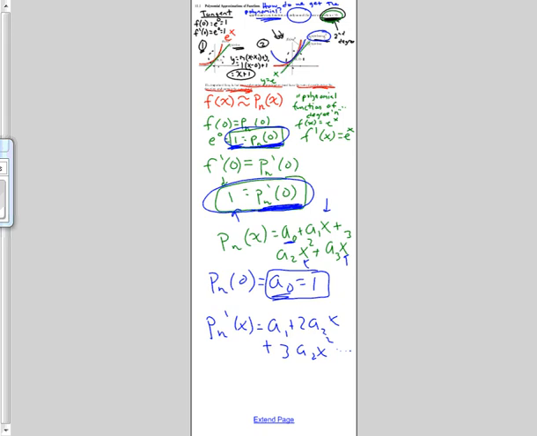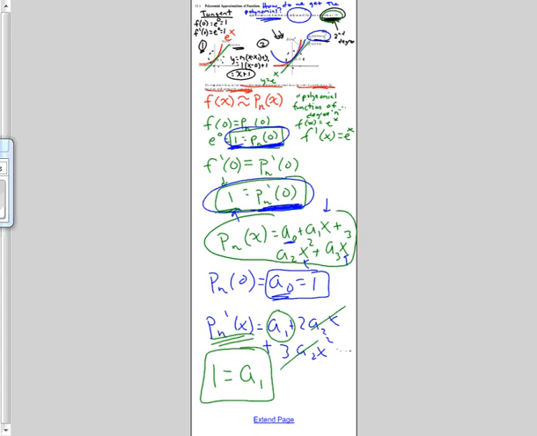So when x is 0, this will be 0, this will be 0, and we're just left with a sub 1. And we know that our first derivative equals 1, so 1 equals a sub 1. Now we found our second coefficient. So clearly, by taking derivatives over and over again, we'll be able to find each one of these coefficients, a sub 0, a sub 1, a sub 2.